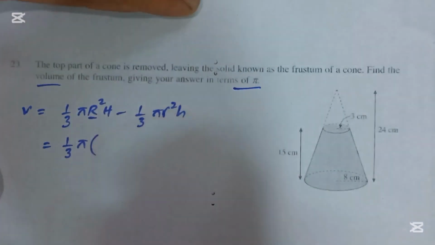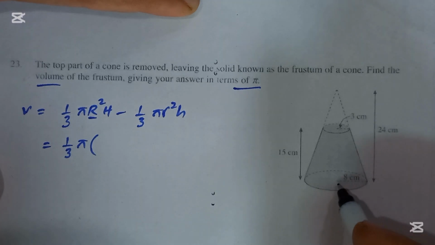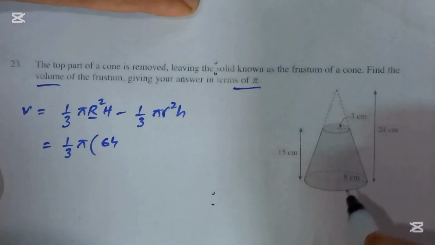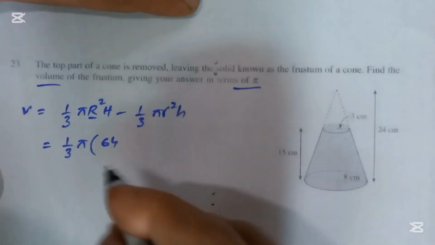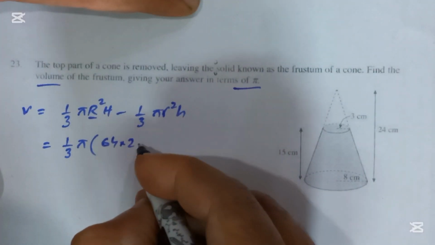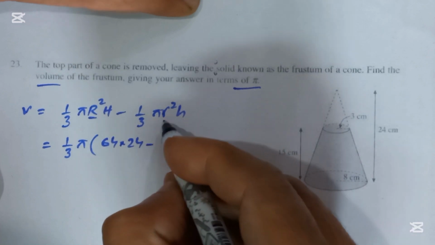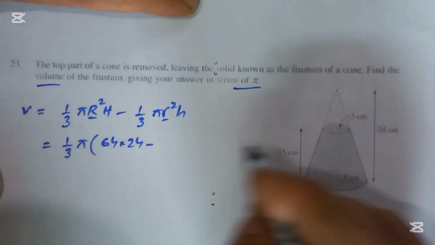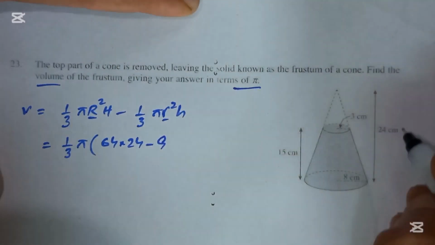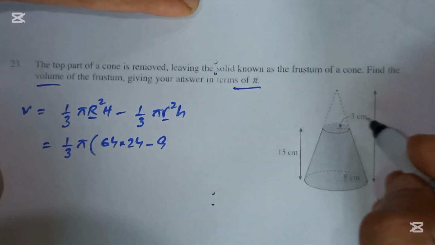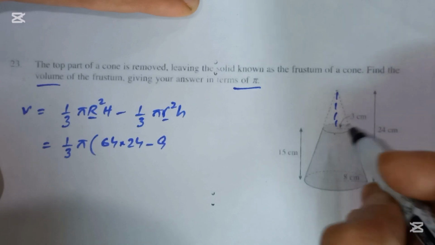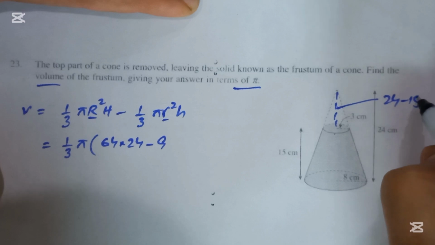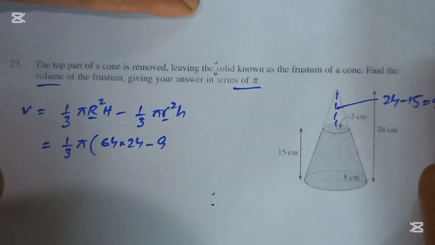Here is R square. R square will be the original cone's radius, that will be 64, and original height of the cone is 24, minus this r will be the radius of the cone which is going to be removed, that is 3. So 3 square is 9, and this small h will be 24 minus 15, that will be 9 centimeter.